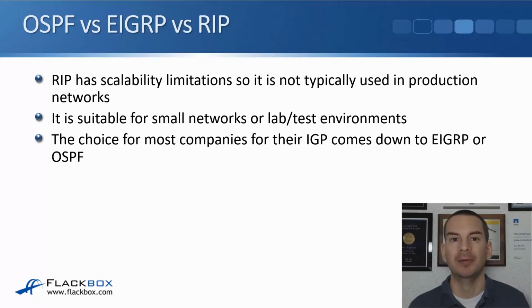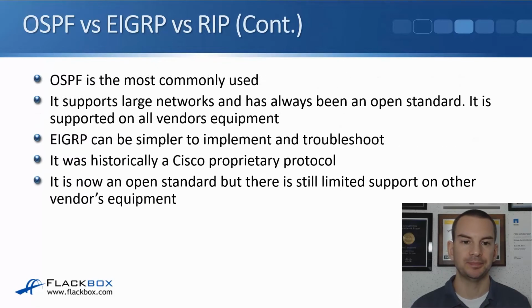If you've got a lab and you're not testing the routing protocol, you want to test something else, so you just want to get the routing up and running quickly and easily, then RIP is a good choice for that. But not typically used in production networks because of those scalability issues, so that means that your choice for your IGP comes down to either OSPF or EIGRP.